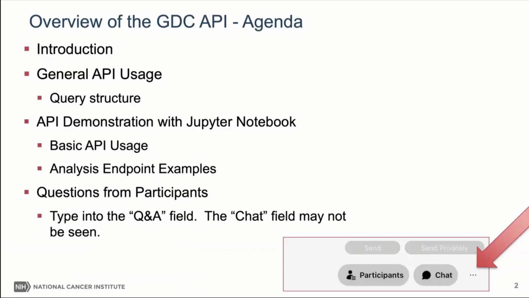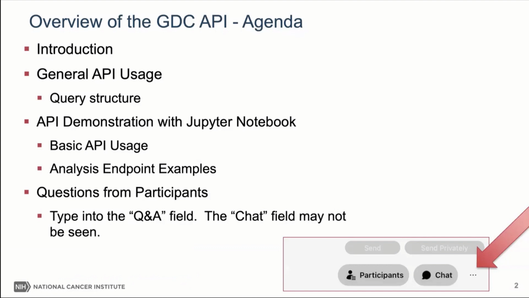Just to give a quick agenda for what we're going to talk about today, we're going to give an introduction as well as a primer on general API usage. Some of this may be familiar as we did about 2 years ago a webinar on the GDC API.